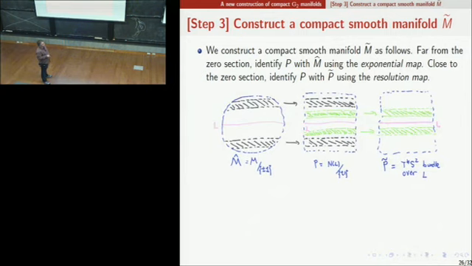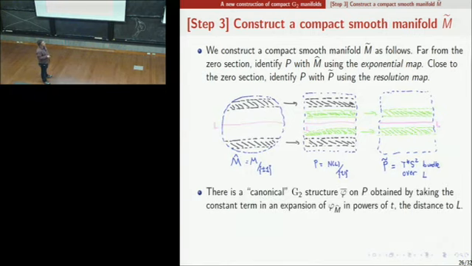So this is a T star of S2 bundle over L. So the green parts are identified by the resolution map, because away from the singular locus, or away from what is called the exceptional divisor, the resolution is a diffeomorphism, and here we have a diffeomorphism, so those get attached. And there is a canonical G2 structure on the middle piece. I'm not going to explain this. You basically expand in a power series in the distance to the origin, and you can get a canonical G2 structure here.